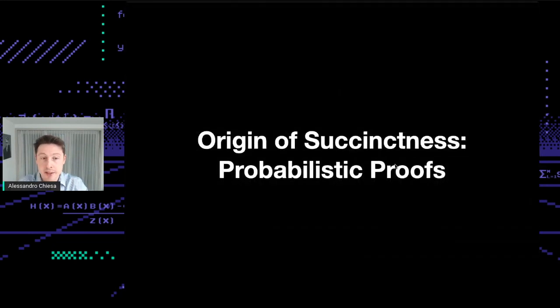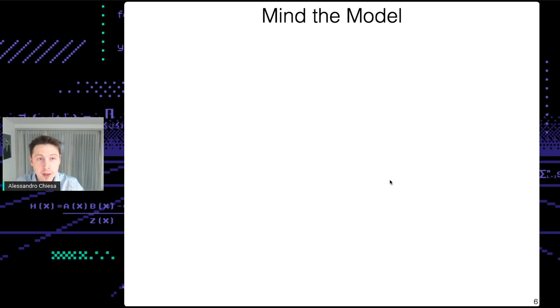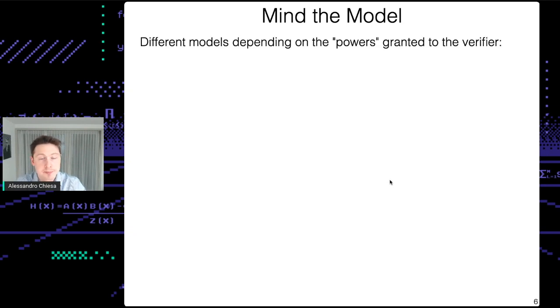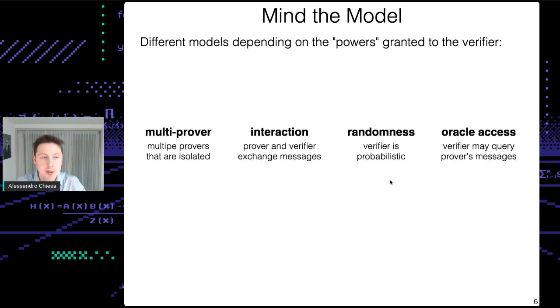Where does succinctness come from? Well, it comes actually from computational complexity, this area known as probabilistic proofs. What are probabilistic proofs? It's a variety of different models, all information theoretic, that differ in what kinds of powers and capabilities we grant to the verifier. So here are the types of capabilities that are typically considered.